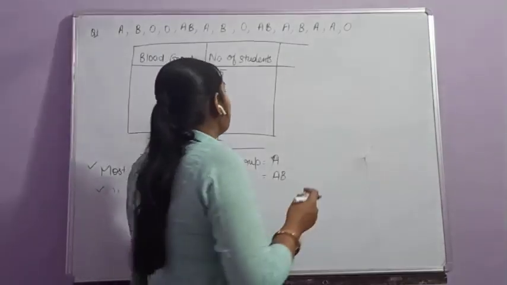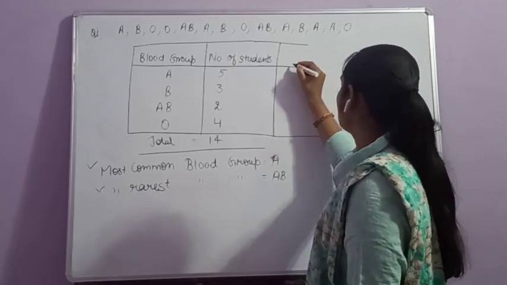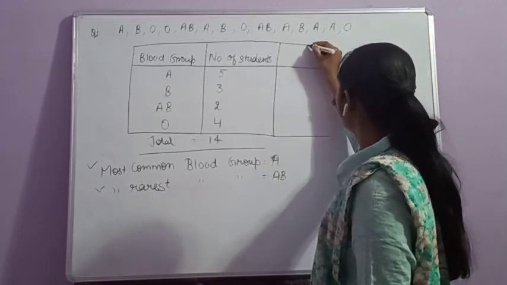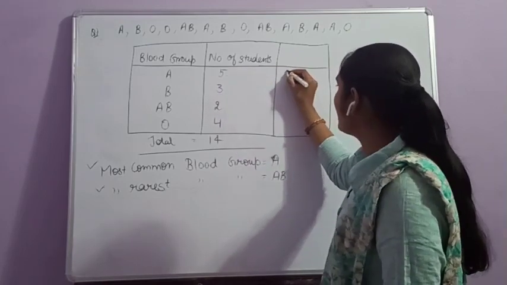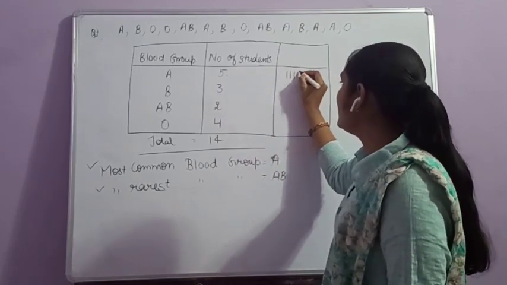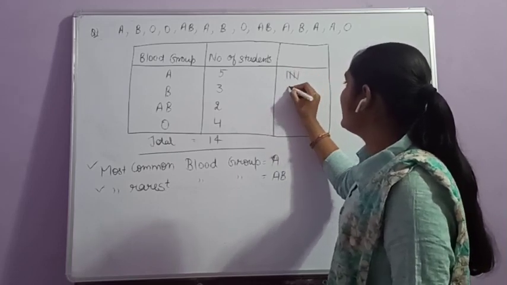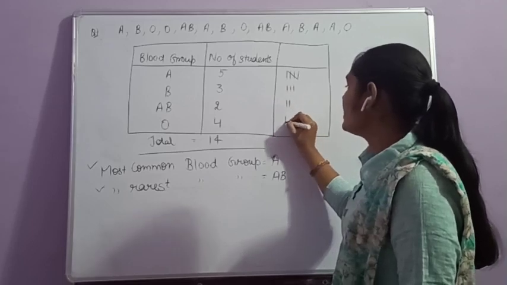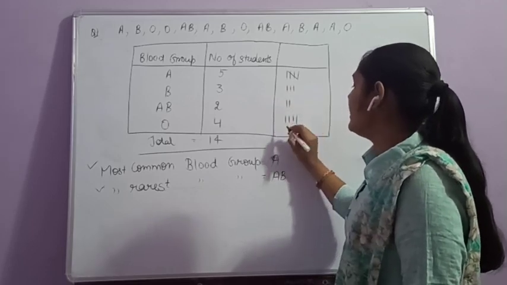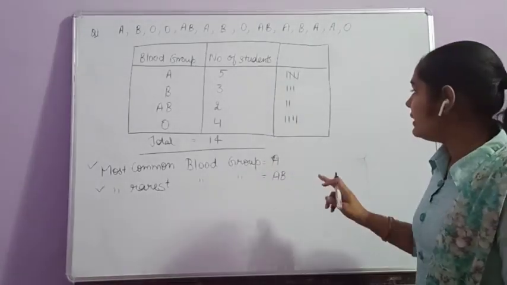If we write that frequency distribution table with tally marks, 5 can be written as 1, 2, 3, 4, 5. Similarly, 3 can be written as 3 tally marks, and next one is 4. Clear?